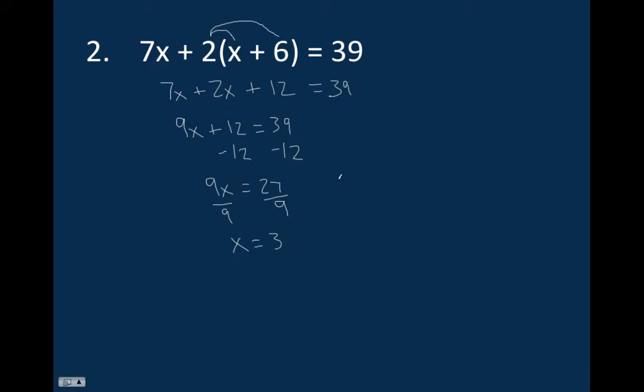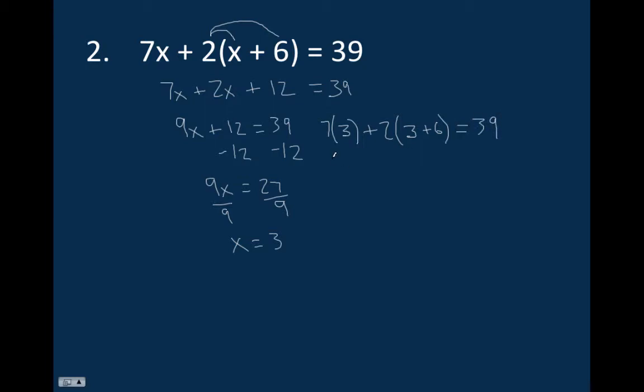Now we're going to check our solution. So let's plug it back into the equation. We've got 7 times 3 plus 2, 3 plus 6 in the middle, equals 39.